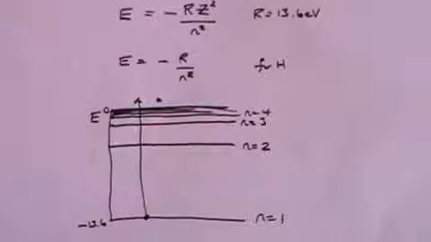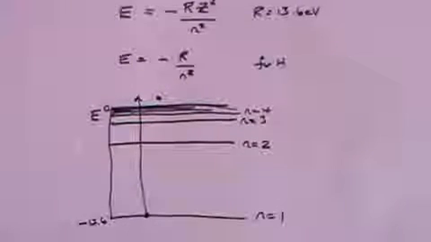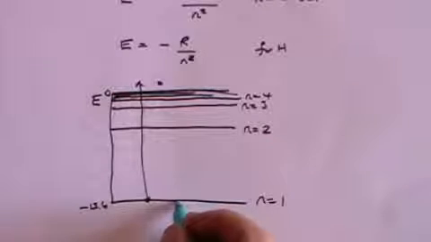But what happens if the photons of the light that are coming in don't have 13.6 electron volts of energy? Is anything else going to happen? Well, let's suppose we've got an electron in the n equals 1 level.